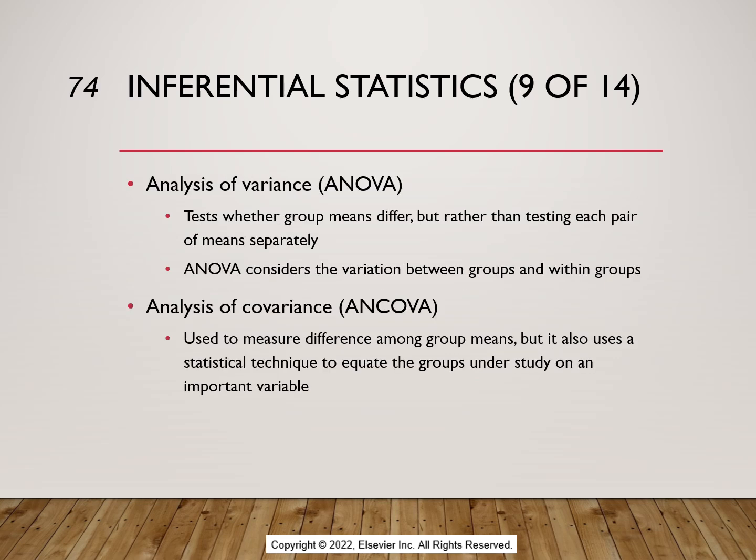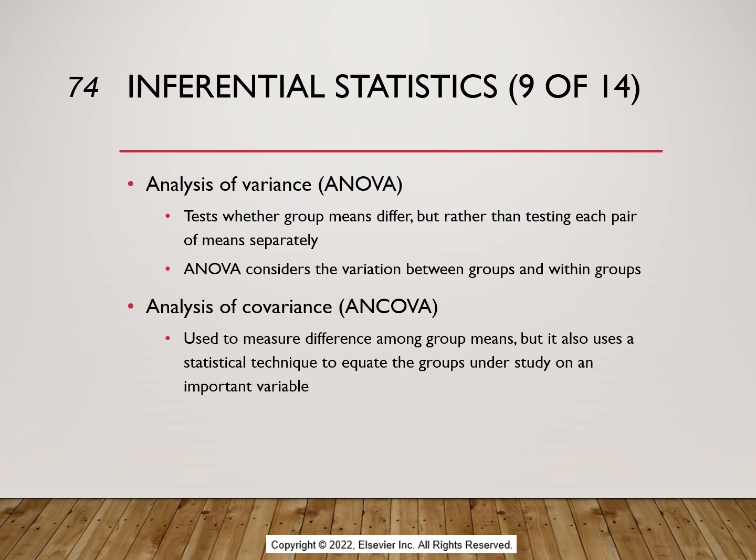You may see an ANOVA or an ANCOVA performed on the data in the research study. The ANOVA, or analysis of variance, tests whether the group means differ, but it looks at each pair of means separately. It considers the variations between groups and within groups.